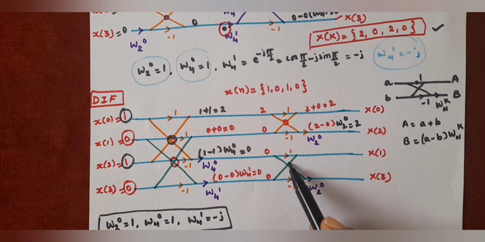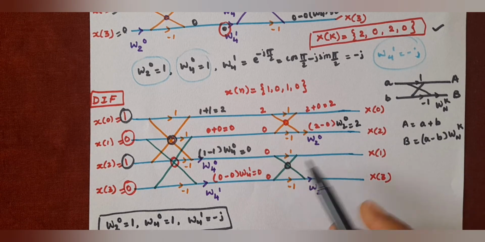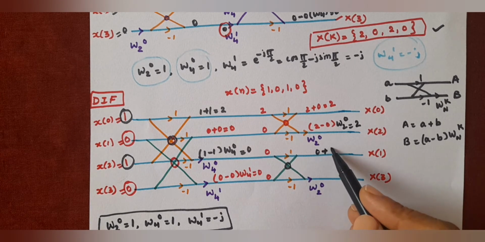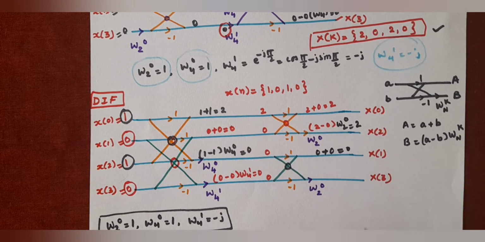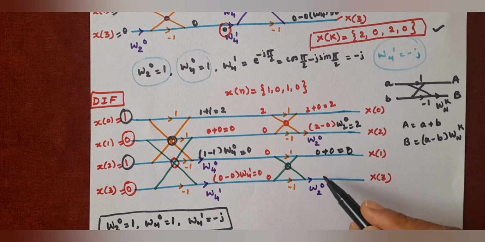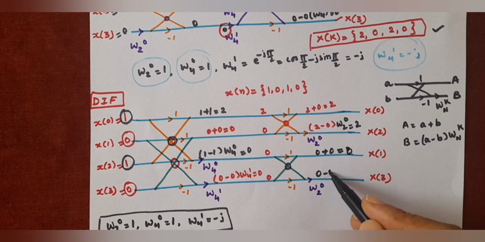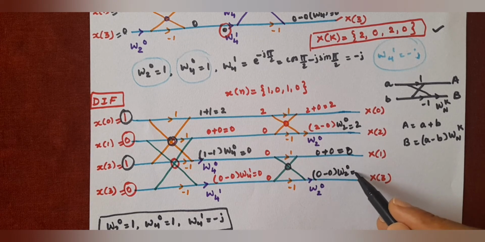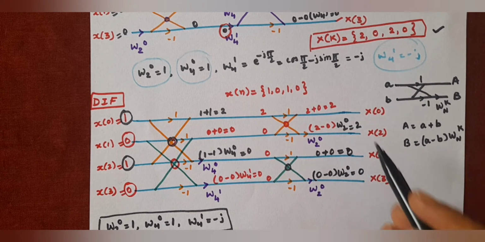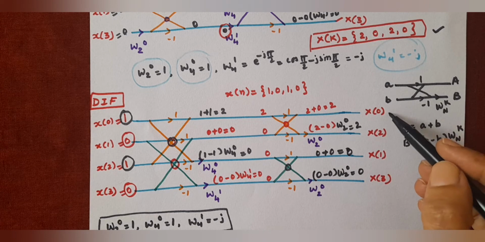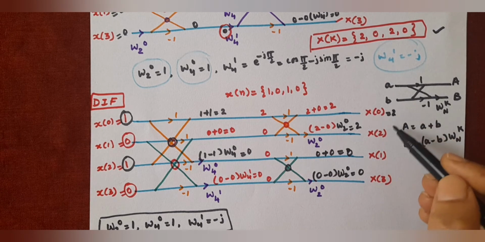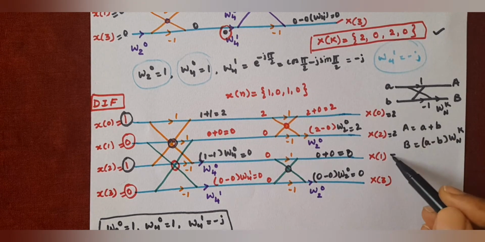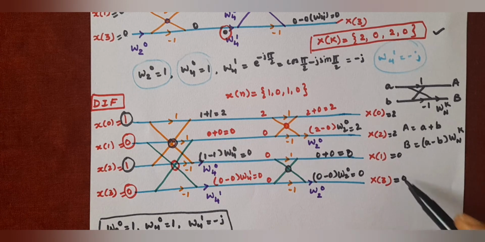Coming to this butterfly, inputs are 0 and 0, so A plus B, 0 plus 0 is 0, and for the bottom line it is A minus B W2 to the power 0, so 0 minus 0 is 0. So here the output values are coming to be 2, 2, 0 and 0.